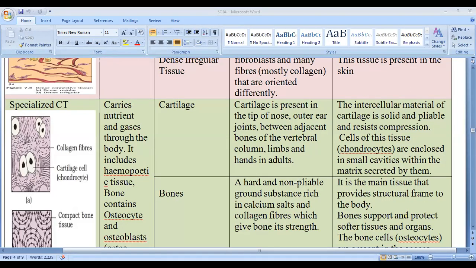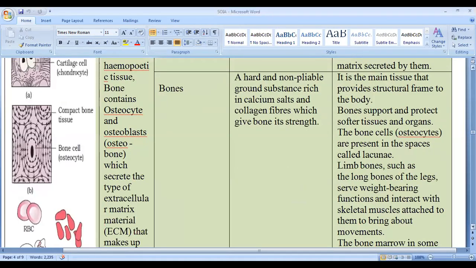And if you see once more, they have the bones. Specialized connective tissue also includes bones, and bones contain osteocytes and osteoblasts. What is the difference between osteocytes and osteoblasts? Osteocyte is the inactive form and osteoblast is the active form. Osteocytes inactive, osteoblast active form. And they secrete the ECM.